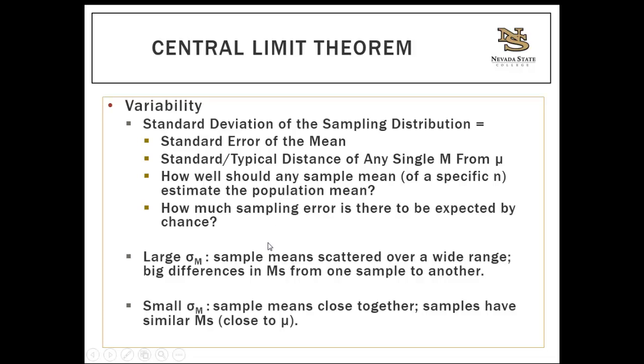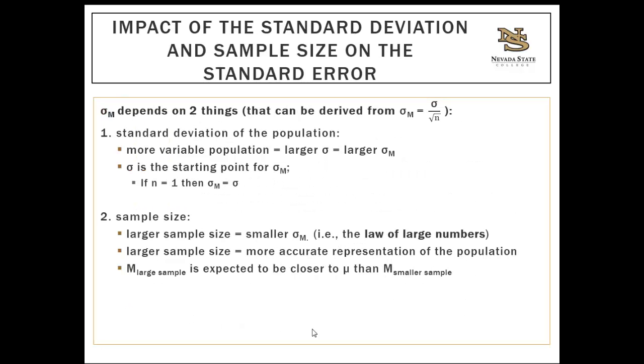Same concept here, only now scores have become means. Small standard error means that you have consistent sample means, because your sample means are going to be close together. You're going to have similar sample means that are all very close to the population mean for the most part.